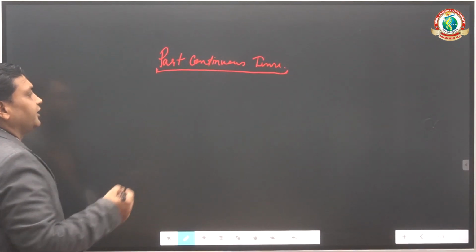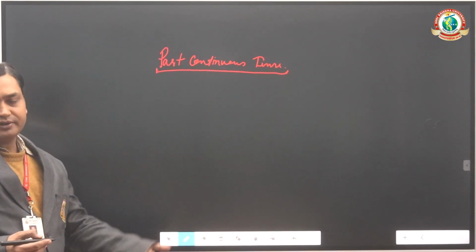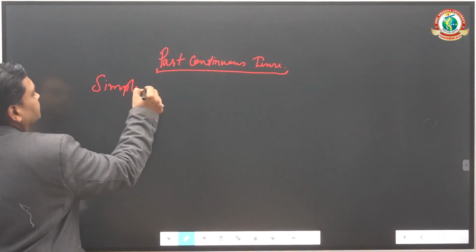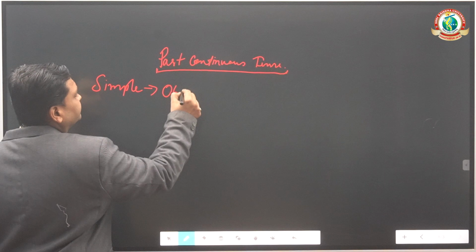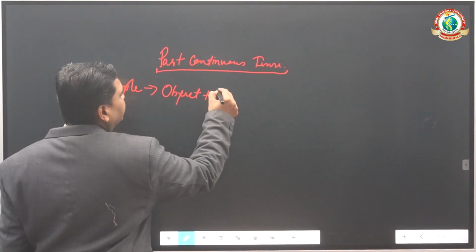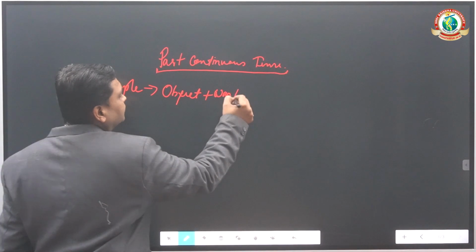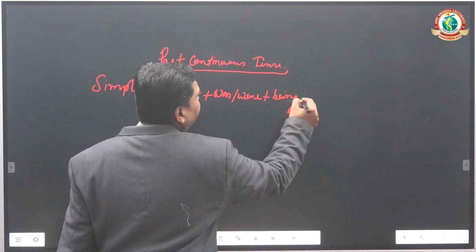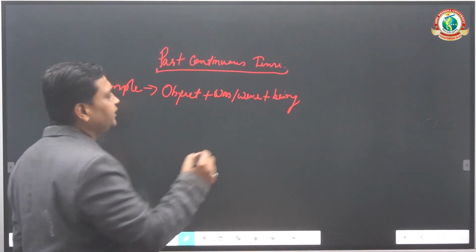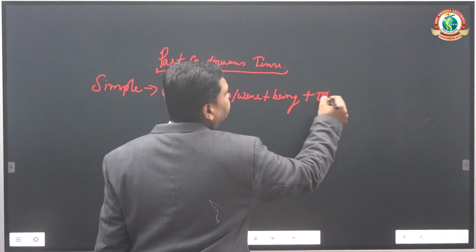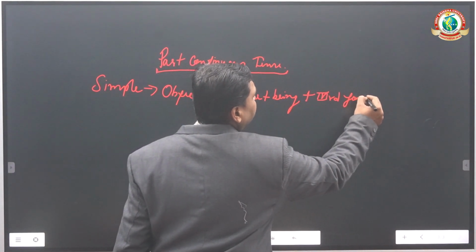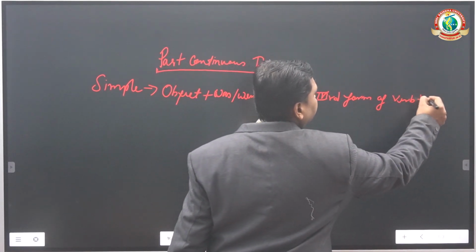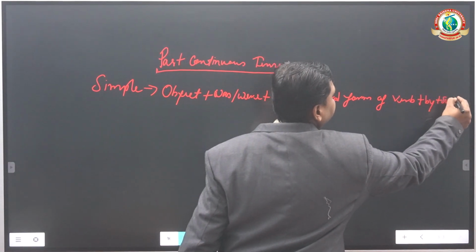If we translate into passive form, first we will study the simple one: object plus was or were plus being plus third form of verb plus by plus subject.